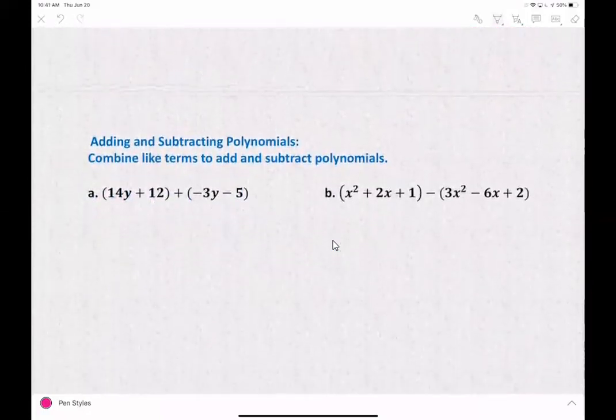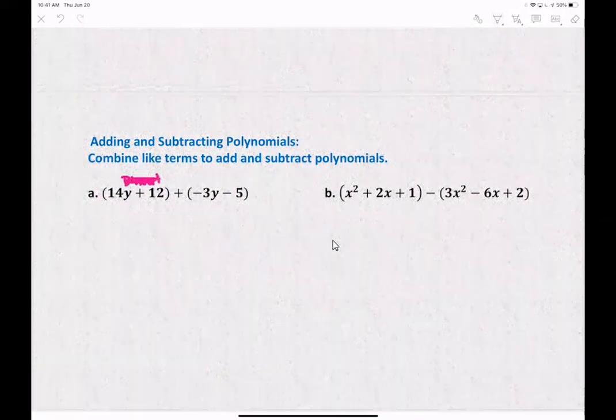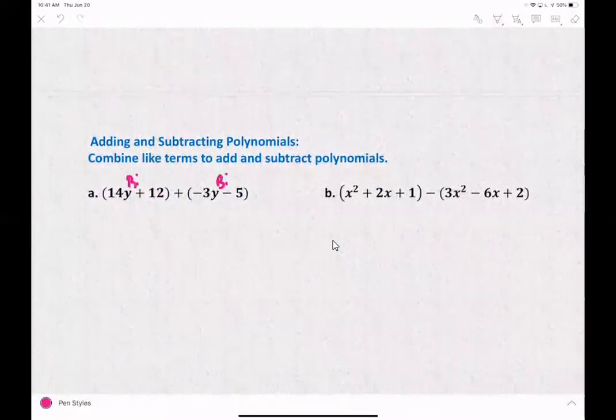And for the last examples, we're going to add and subtract polynomials. So if you look at these two, this first example is a binomial and a binomial. So what we're doing here is adding the two binomials together.